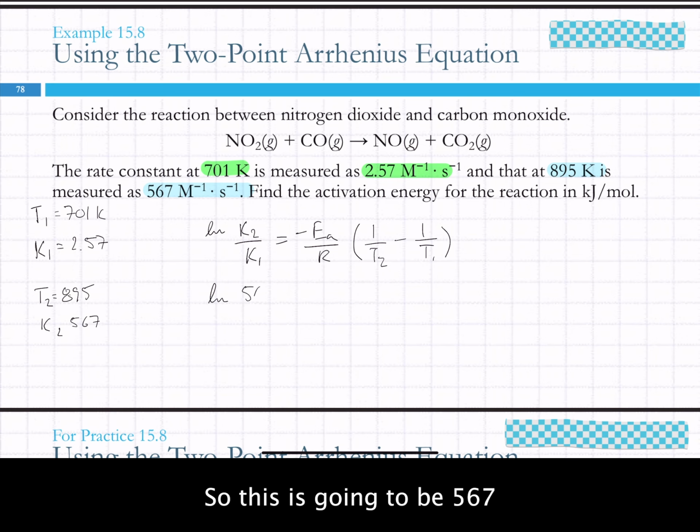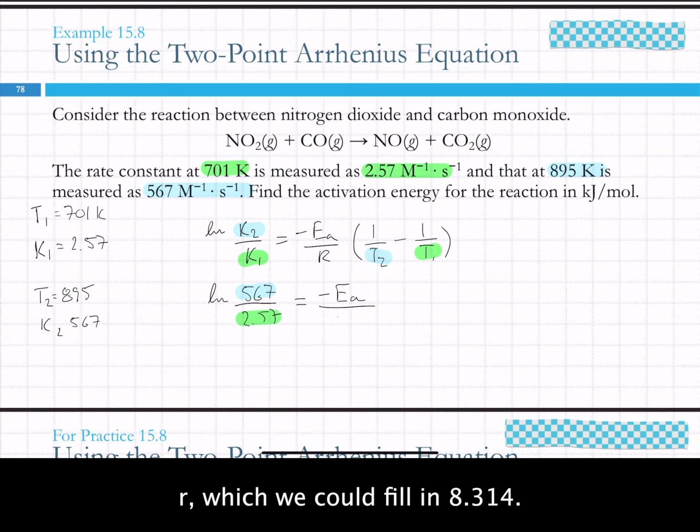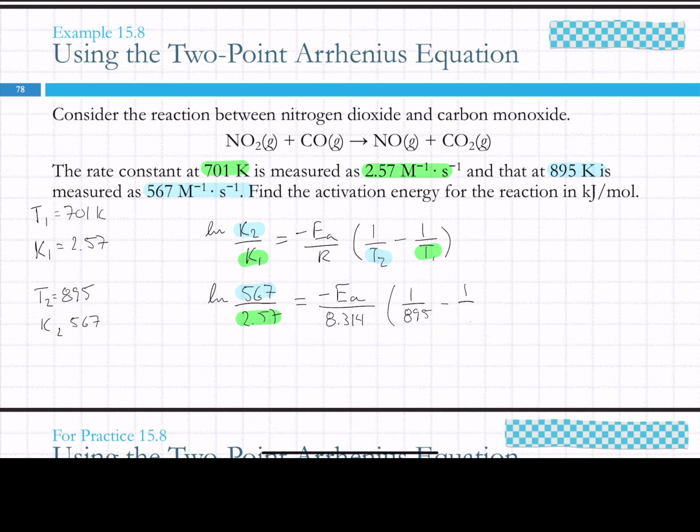So this is going to be 567 over 2.57. It's negative EA over R, which we could fill in, 8.314, times 1 over T2, which is 895, minus 1 over T1, which is 701.